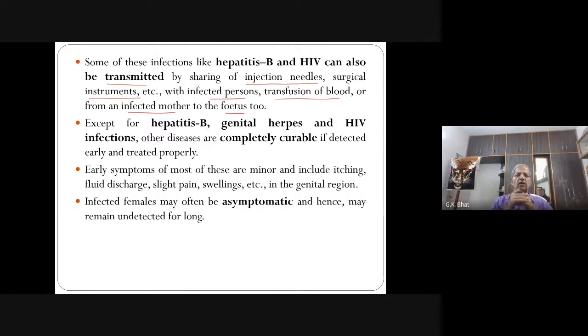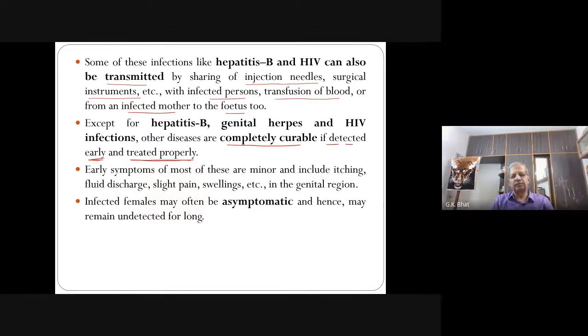Except for hepatitis B, genital herpes, and HIV infections, other diseases are completely curable if detected early and treated properly. This is very important. Most of the time, these diseases are not detected early and are not treated properly.